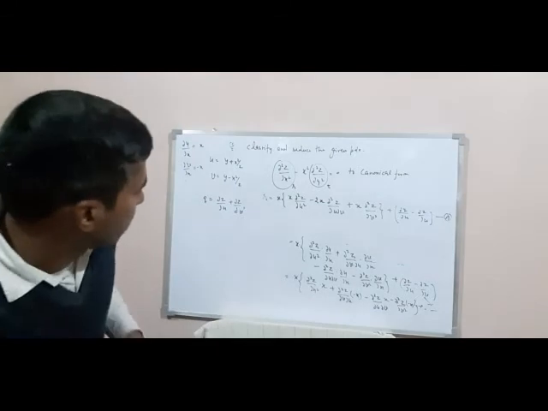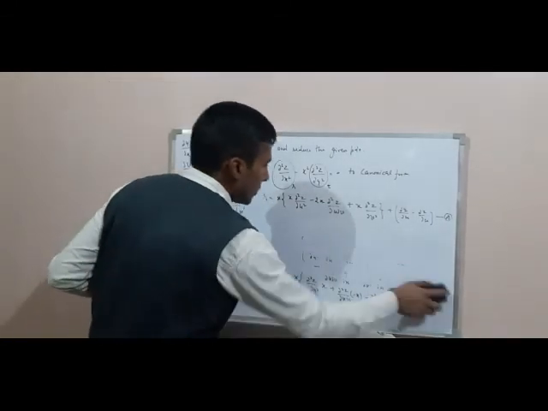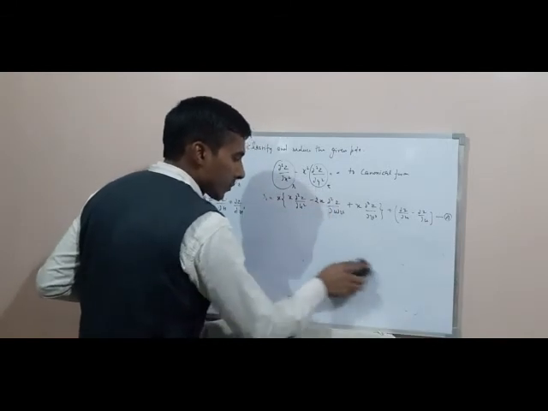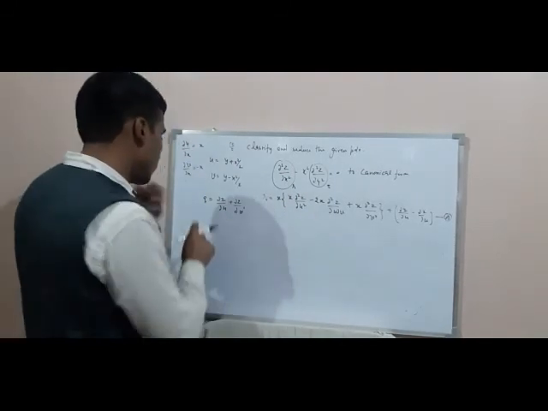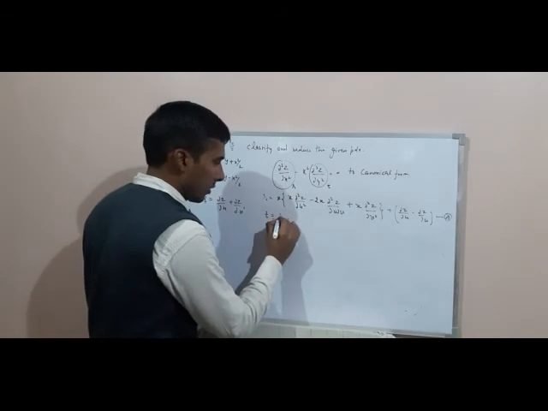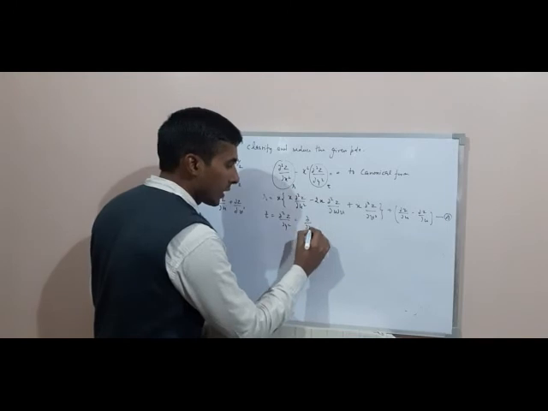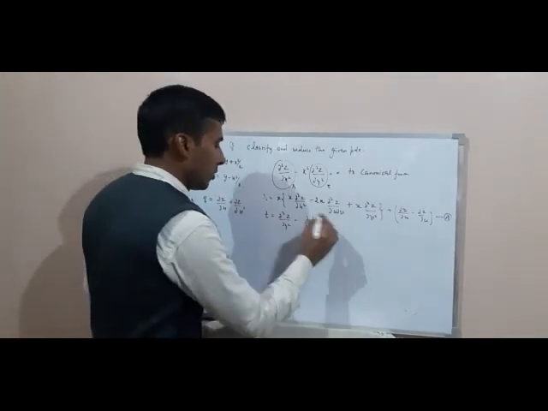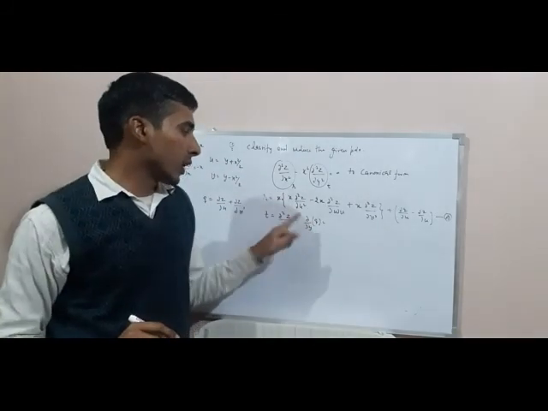Now we will find the value of small t, and for this we will use q. Small t is ∂²z/∂y², and this is ∂/∂y of q. That means we have to differentiate partially with respect to y.